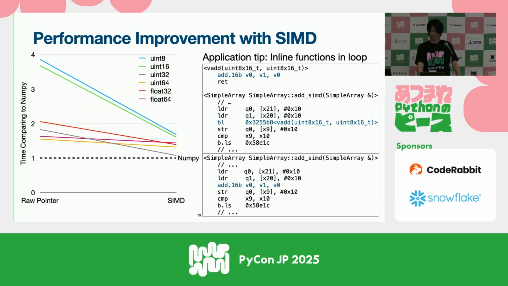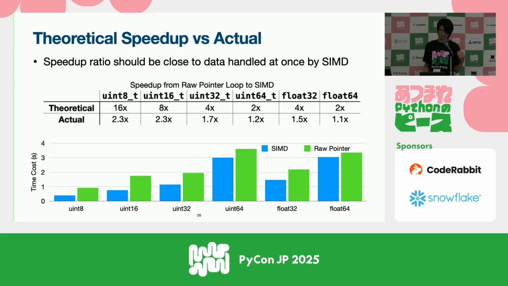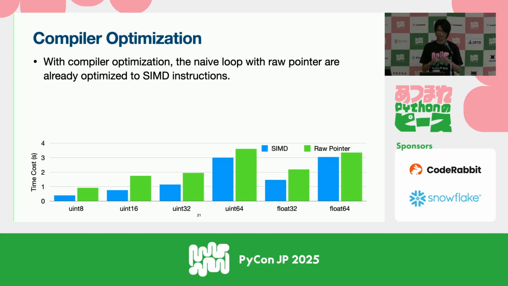Okay, let's get back to SIMD performance. From the data, we probably found a little bit of a strange thing. I said that if we are dealing with 8-bit values, theoretically it can get 16 times faster. But from the result, we only found it's about 2.3 times faster. What's wrong with this? After looking into the assembly, I found that in the loop with row pointer, the compiler has already helped us optimize that code into SIMD instructions.